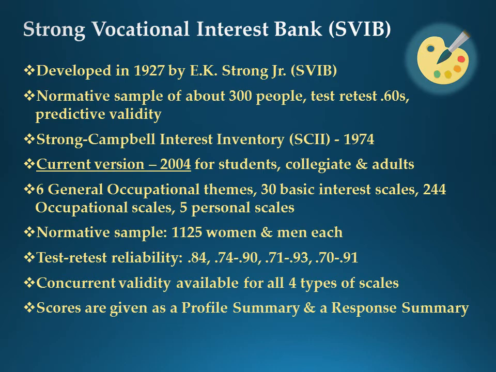The profile summary provides a graphic snapshot of the profile results for immediate and easy reference. So it probably looks like a line or a bar graph, right? But the response summary summarizes your responses within each category of the Strong items, and it provides data useful for your career professional. So that's what it looks like.